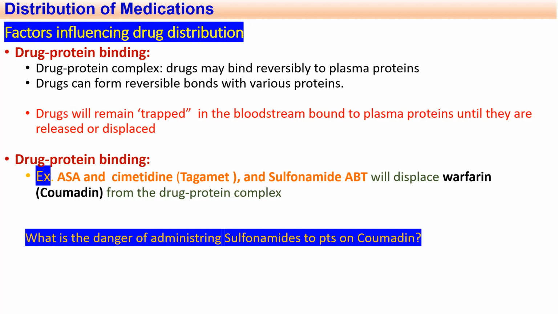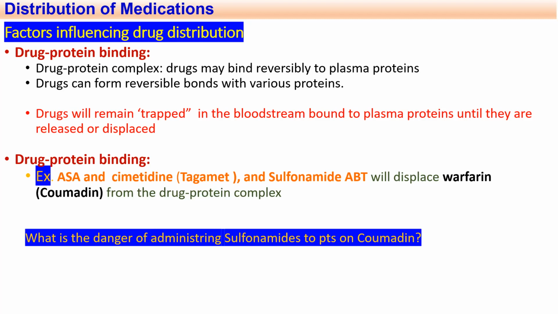They are not going to elicit a response or effect on the tissues because they are trapped in the bloodstream. However, the unbound or free molecules are able to reach their target organs or tissues, or sometimes are excreted by the kidneys. Drug protein binding is a very important concept.